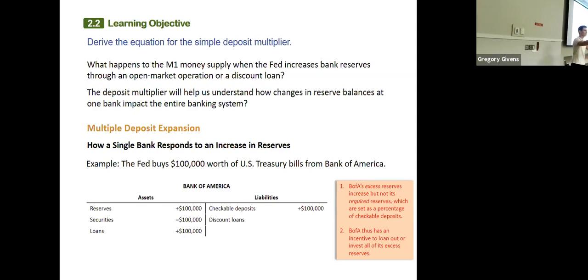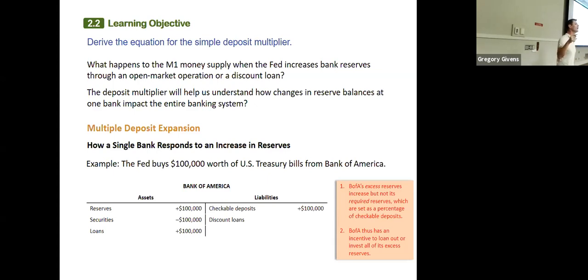Okay, so he's the seller in your transaction, all right? Let's say you pay for those goods by writing a check, okay? Once that check clears the banking system, how is that going to show up on Bank of America's balance sheet? So now you're spending the proceeds of that loan to a seller, right? How does that show up on Bank of America's balance sheet?